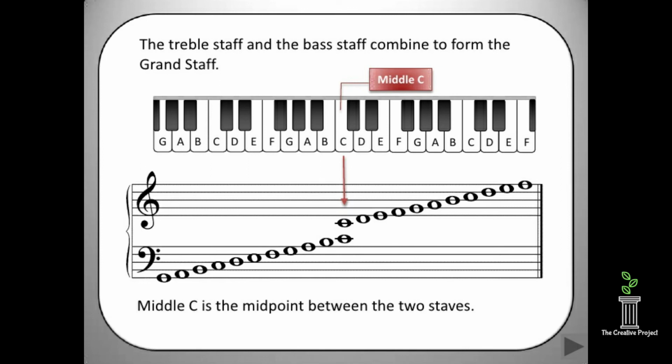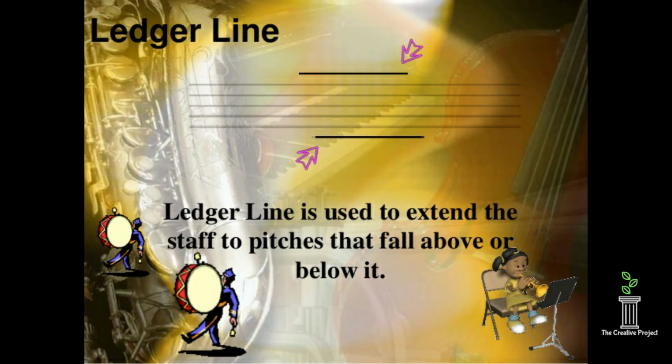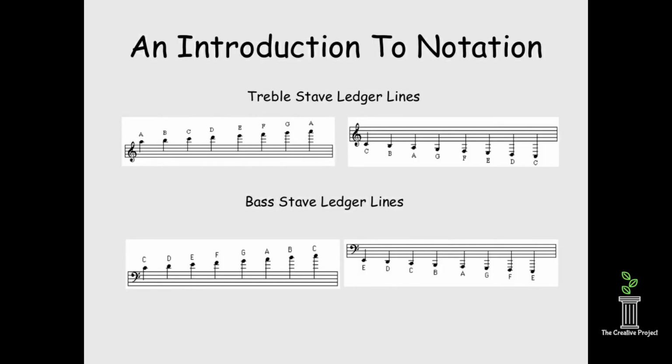Now, ledger lines are used to extend the staff to pitches that fall above or below it. So sometimes the notes fall above or below a staff. So these notes are represented by a ledger line. This is an example of treble staff ledger lines and bass staff ledger lines.